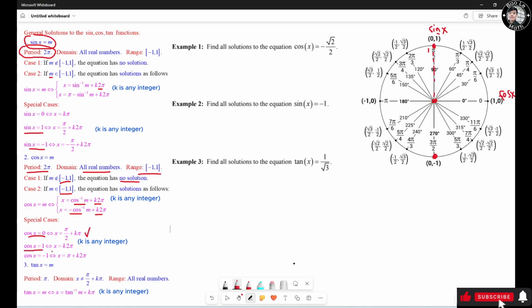Now cosine s equals 1. You look at the s value right here: cosine s equals 1 when s equals k 2 pi.